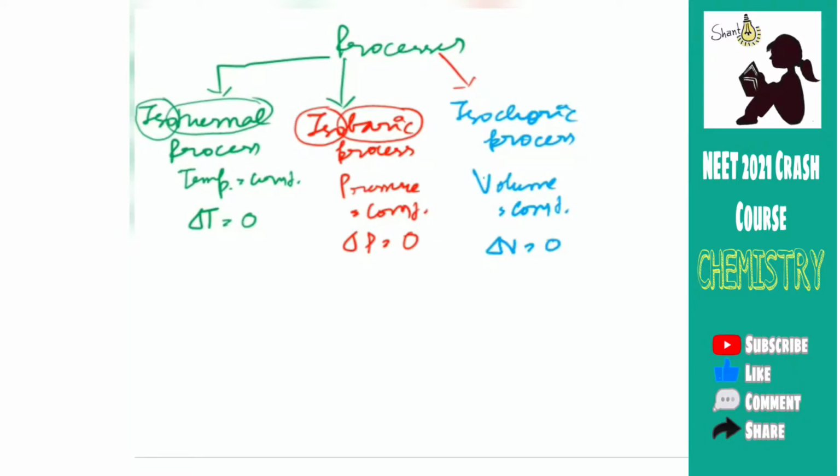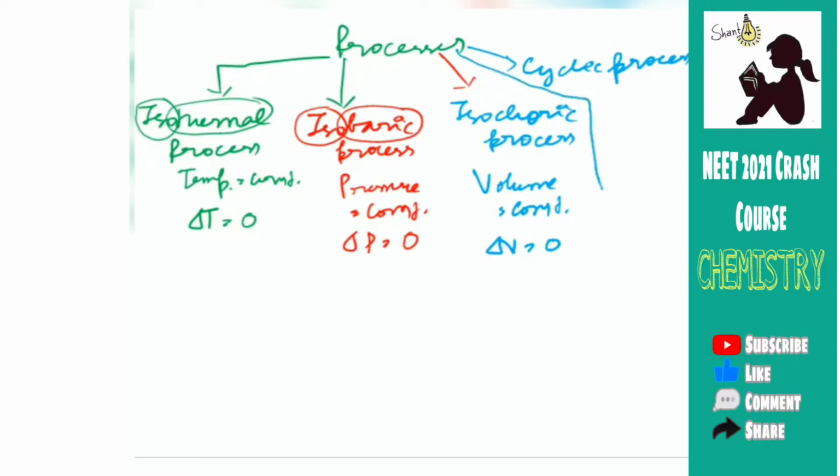Now comes another process, called the cyclic process. In the cyclic process, you will find that change in everything will be 0, because its final state and initial state are both the same. Okay.